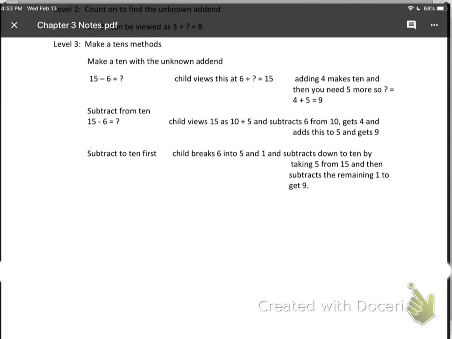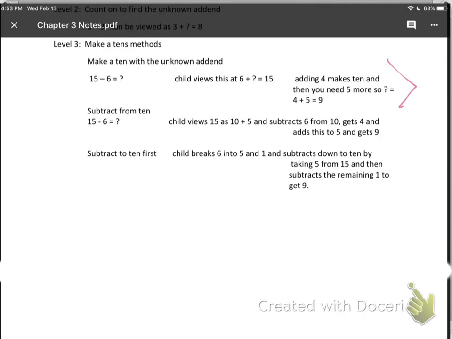In terms of knowing some tens grouping, you can say, I'm going to add 4 to that. If I add 4, I'll get to 10. Then you add 5 more to get to 15. The 4 plus the 5 more is 9. So that's a nice way to think through the problem.